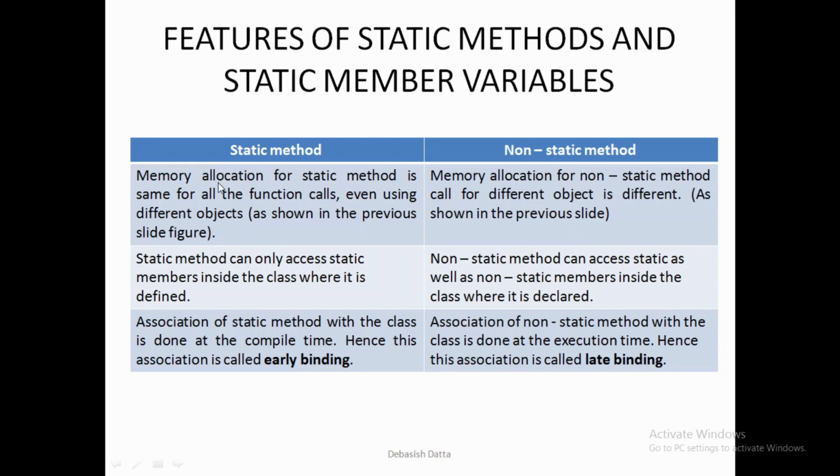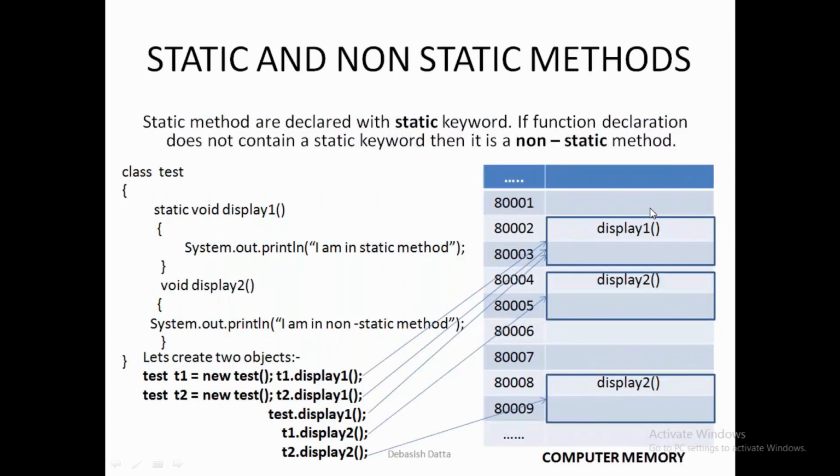But memory allocation for a non-static method call for different objects is different. Here display2 is a non-static method, and if we call the display2 function using two different objects, it is associated with two different memory locations.